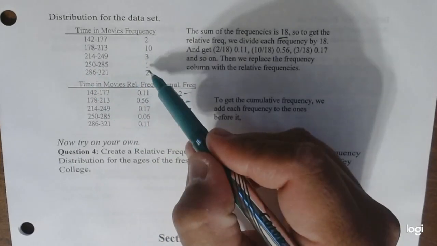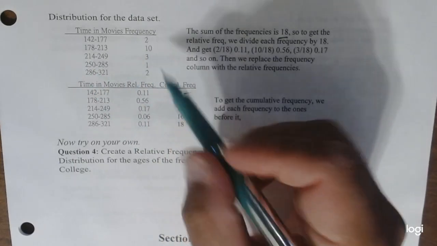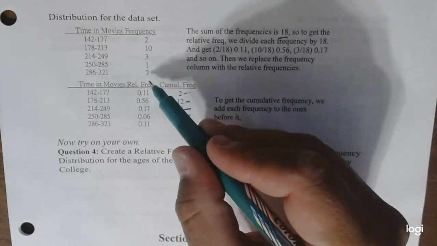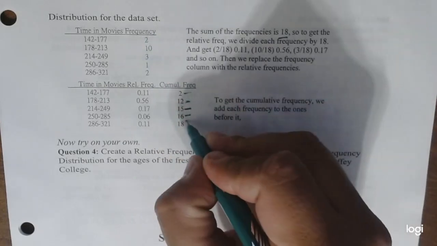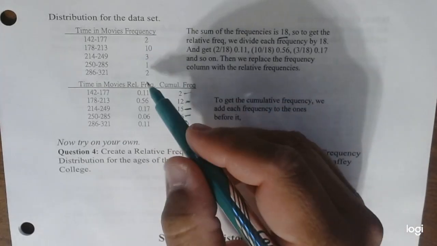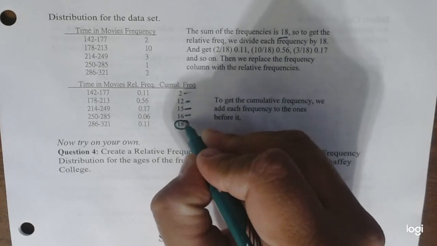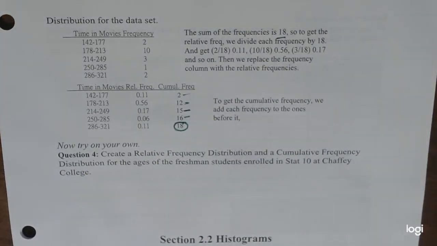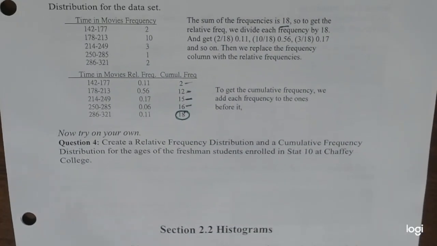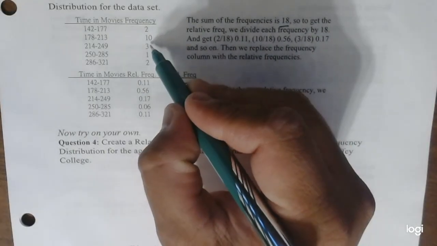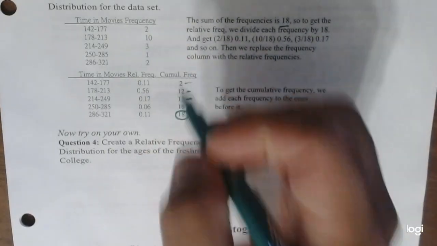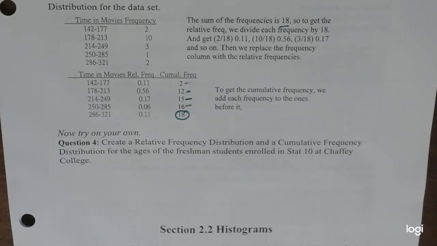Back down here. What's 1 plus 3 plus 10 plus 2? 16. And then finally, 2 plus everything before it, 18. So notice the sum of all the frequencies should be 18, which is the last one there, right? And that's a cumulative frequency distribution. You're literally just adding that number plus everything before it, right?